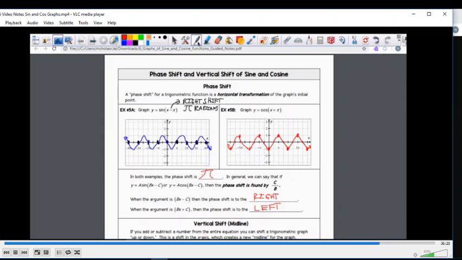Now, in both examples, the phase shift is pi, and we can write it as a times the sine of bx minus c, or a times the cosine of bx minus c. The phase shift is found by c over b. If you think about it, you could also find the phase shift by factoring out b, because when you factor out b, you divide each side by c over b.